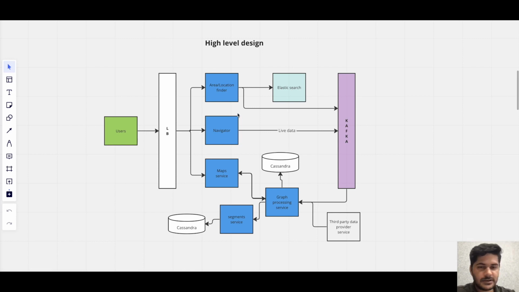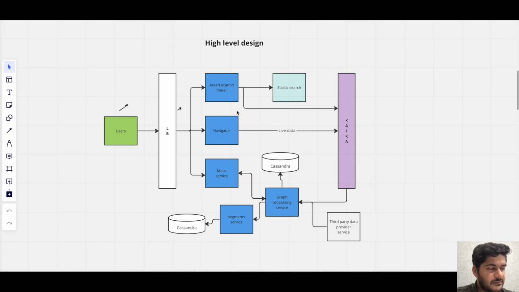So think of this is very similar to the system which we created in other system design videos also. So think of basically you are having your users which are sending requests via load balancer.